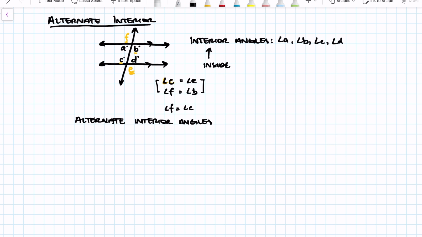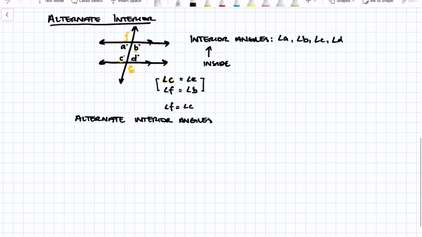And what we mean is that they are the same, but because they're alternate, or they're interior, they're all inside, and because they're alternate, then they would be all the same. So, in other words, angle C is equal to angle B, and I'll use caps like usual.